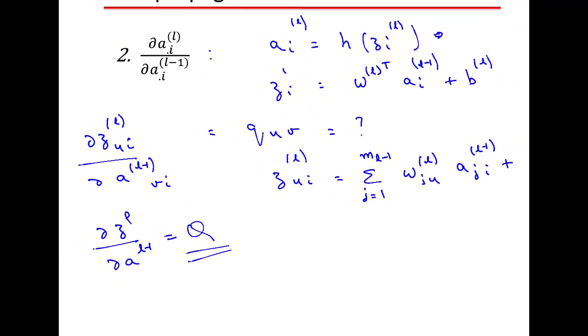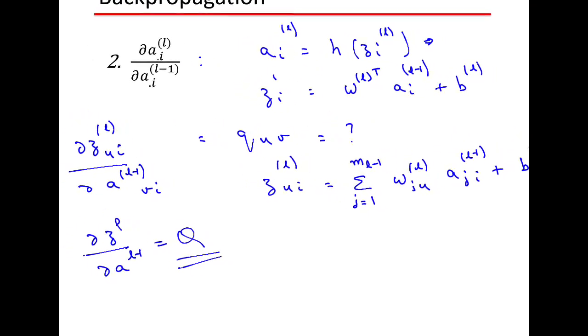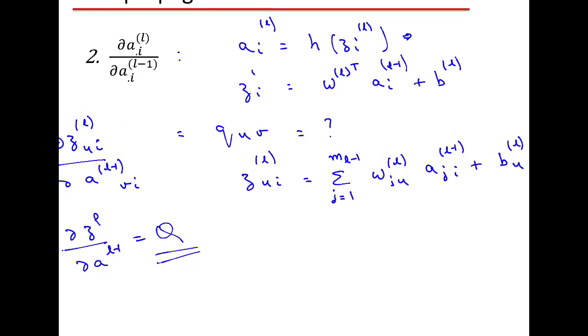Now I want to find its derivative with respect to A V I. So del Z U I L with respect to del A L minus 1 V I. If J is not equal to V, then this term B is not dependent on A L V I, so the derivative will be 0.